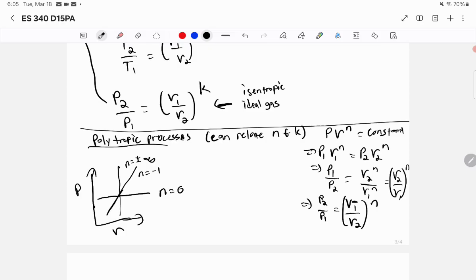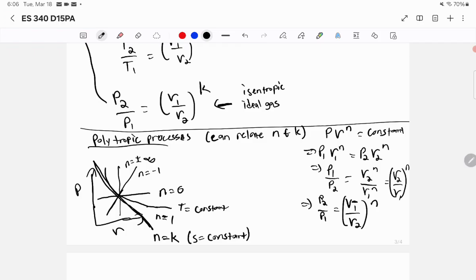This one kind of looks like this. n equal to 1, which is where the temperature T is constant. And then finally for n equal to k, which is where S is constant. Right? The entropy is constant. It's isentropic in that case. So when n is equal to k, we have an isentropic polytropic process, right?